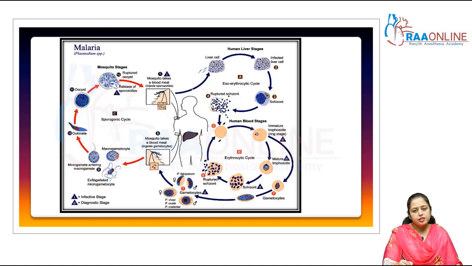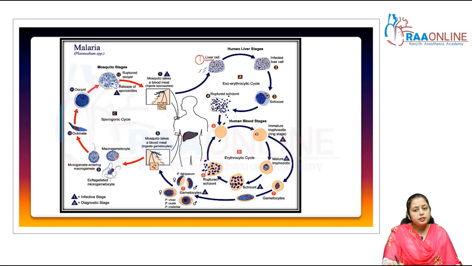These sporozoites enter the human body, and firstly they affect the liver cell. That liver cell is infected. Now, the sporozoites enter it, and it forms a schizont.